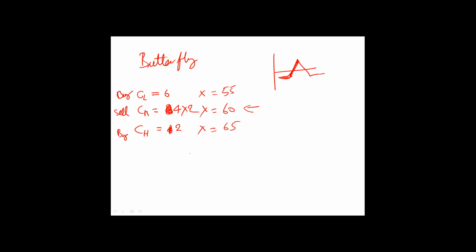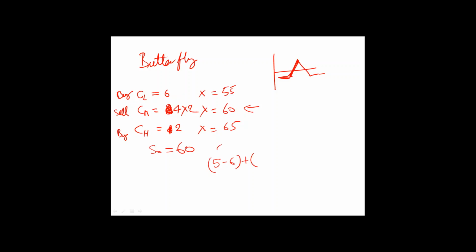Now let's check what will be the payoff, or the profit, if we remain at 60. So let's suppose the spot goes to 60. Now the lower call will give me a profit, from 55 to 60, so it gives me 5, but it also is giving me a loss of premium. Then let's look at the middle call.